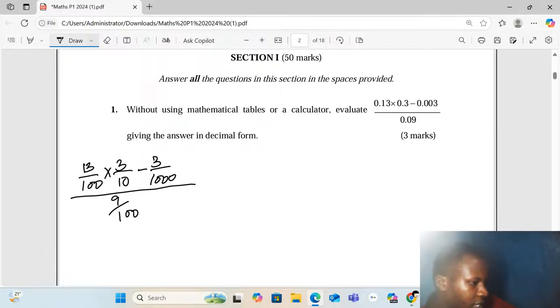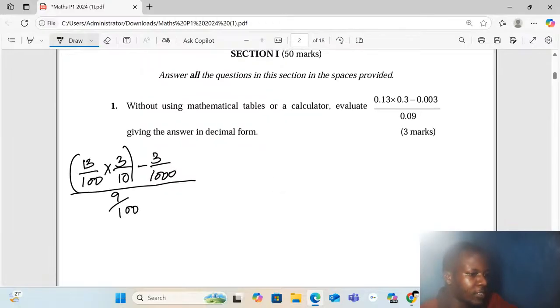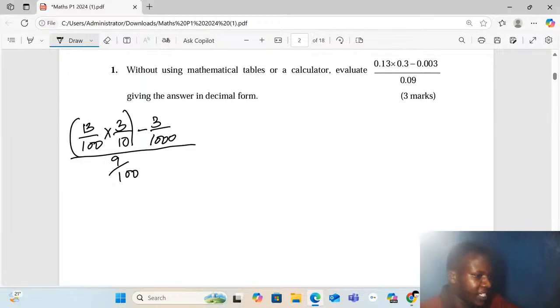Now, having this, we can easily work it out. According to the law of BODMAS, we start with multiplication. We take 13 times 3, and we get 39 over 100 times 10, which is 1000, minus 3 over 1000.